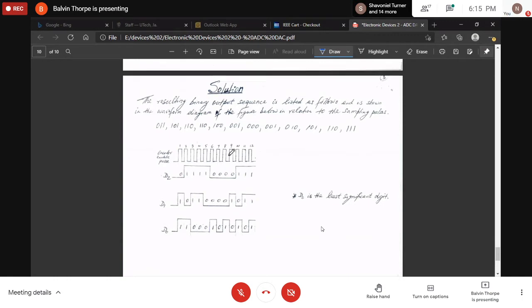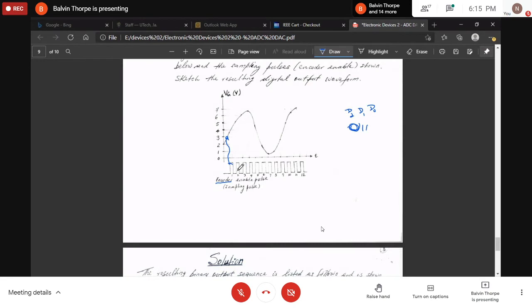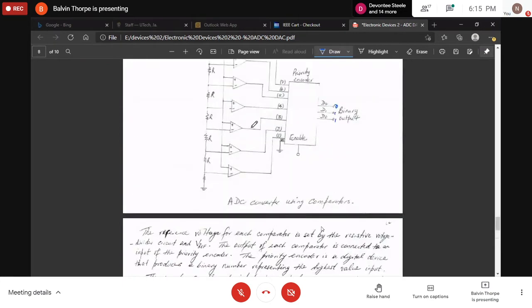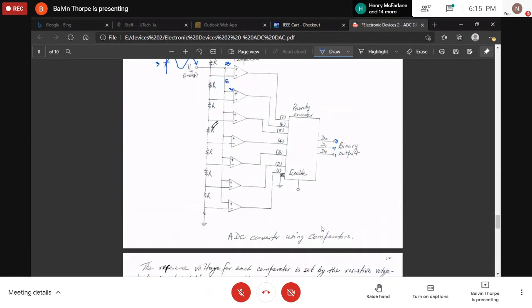For the second sample, it goes up here and it sees a 5. So right here, second sample, it is seeing a 5. When it sees a 5 for the input signal, it's going to tell the encoder that a 5 is what is coming out here, because when the comparison is done, it sees a 5 is greater than the reference, so it outputted a positive.